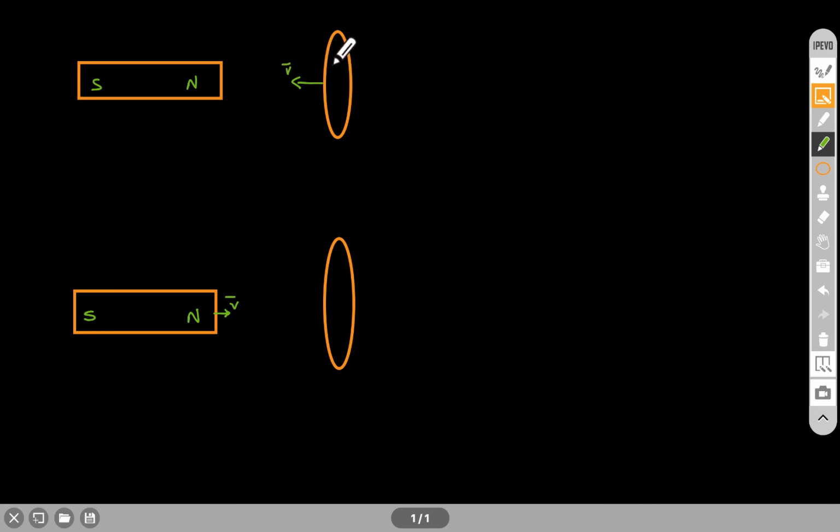Now, in the first case, the bar magnet, of course, will produce a magnetic field at the location of the loop. And because this is made from conducting material, I know that I will have those mobile electrons, the electrons that essentially create the entire mobile charge sea inside the conducting material.